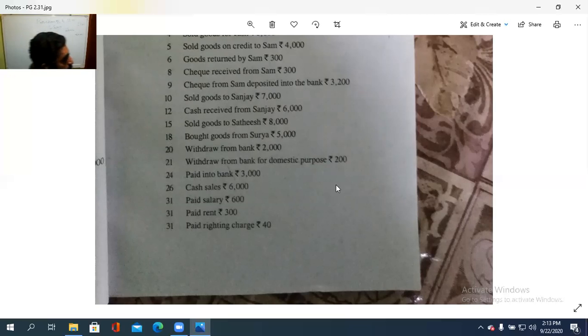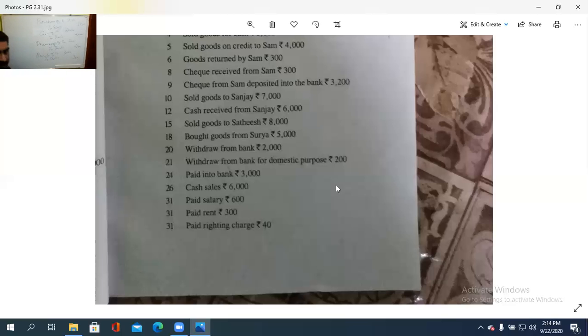For domestic or personal purpose, the normal entry is drawings account debit to cash. Here, instead of that, drawings account debit to bank. So how much is it? 200. Then paid into bank means deposit, the opposite of withdrawal. Bank account debit to cash. How much is it? 3,000.